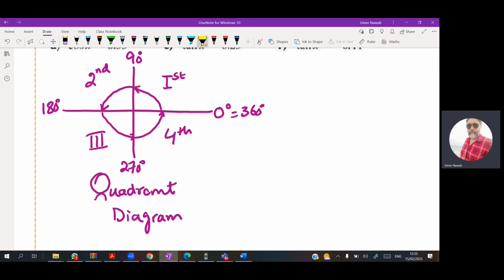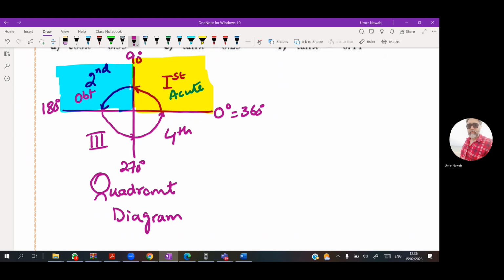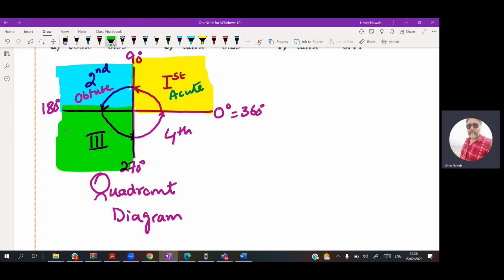So I have distributed the angles in anti-clockwise direction. So this is my first quadrant, which contains all acute angles, and the second quadrant contains all obtuse angles, and then the third quadrant contains all reflex angles.